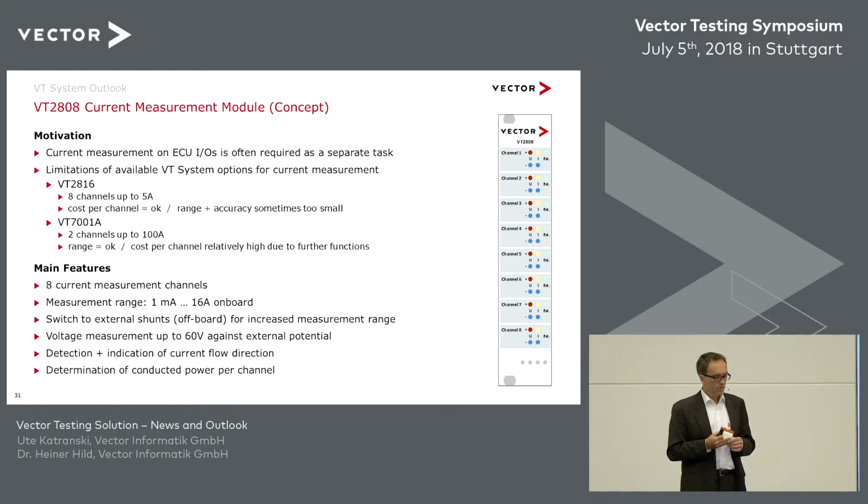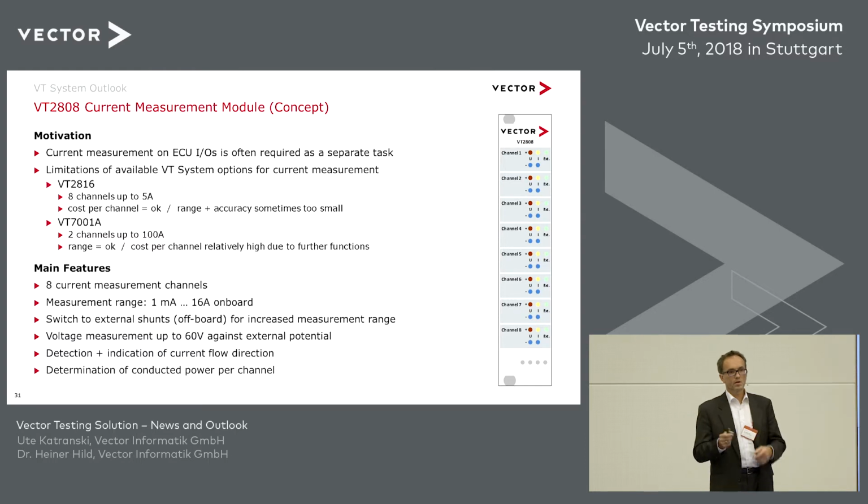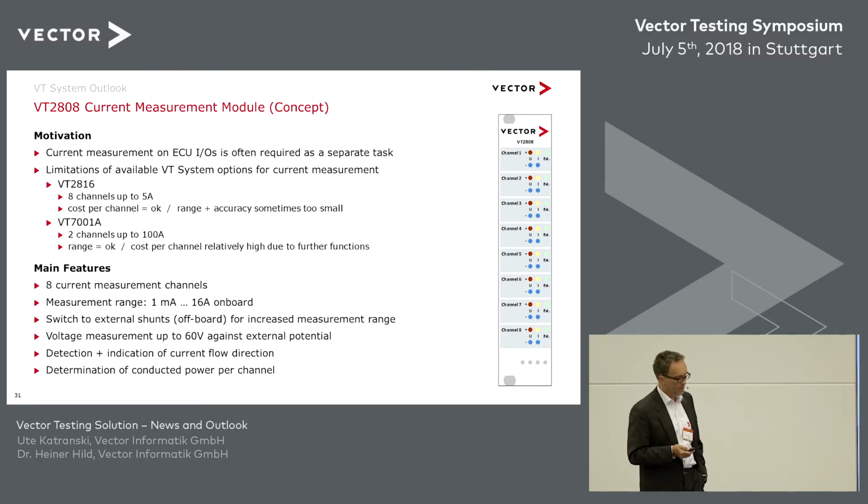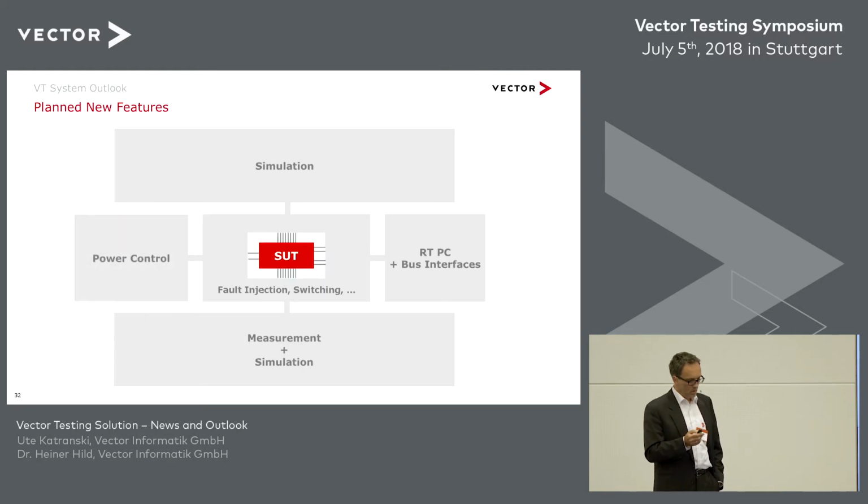No more is possible due to onboard reasons, and it will be able to measure voltage up to 60 volts, and it will offer detection and indication of current flow direction and determination of conducted power per channel.